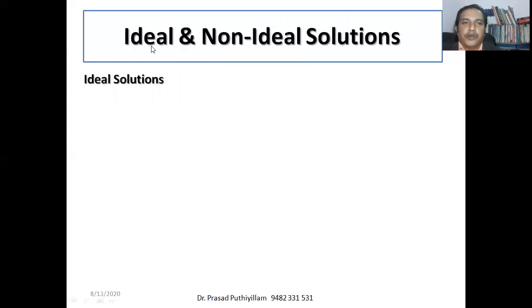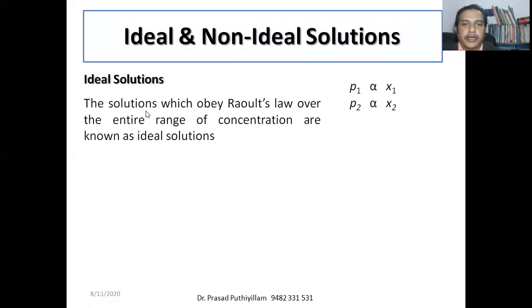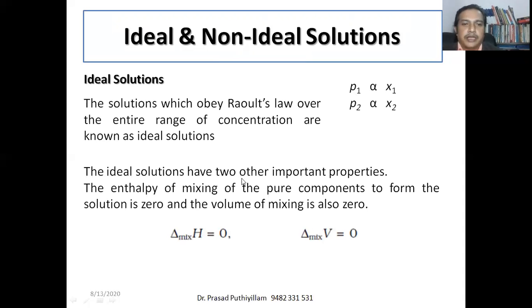Now, moving on to ideal and non-ideal solutions. Ideal solutions are the solutions which obey Raoult's law over the entire range of concentration. Raoult's law says that for component 1, P1 is directly proportional to its mole fraction, and for component 2, P2 is directly proportional to its mole fraction. Ideal solutions have two other important properties. The enthalpy of mixing of pure components to form the solution is 0, and the volume of mixing is also 0.